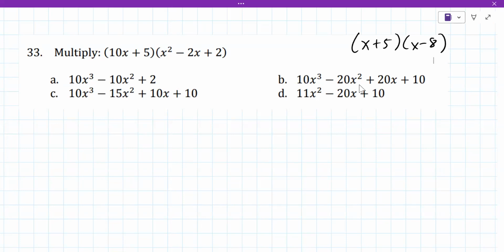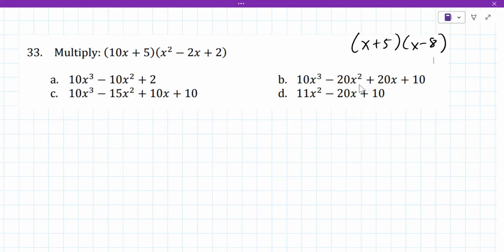So that would be 10x cubed minus 20x squared plus 20x.